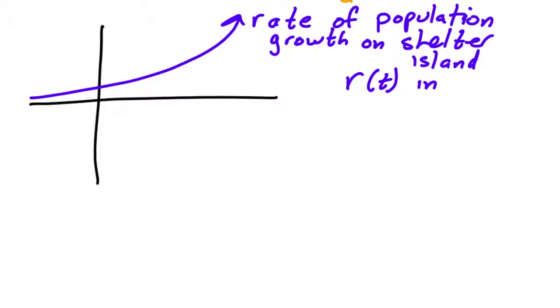And let's give it some units. The units are really important. Let's say it's in number of frogs per year. Okay, so those are the units of this function, which gives you the rate of change of the population of frogs on Shelter Island.